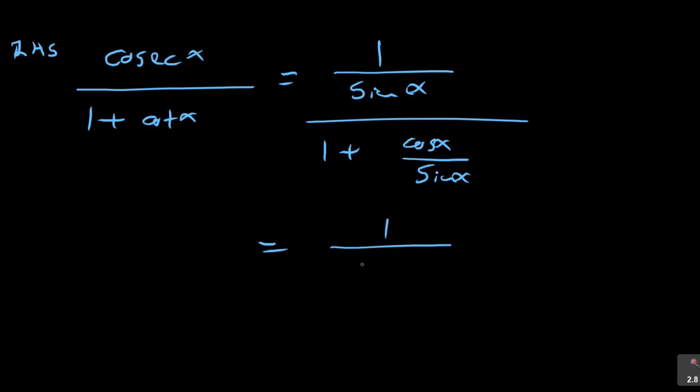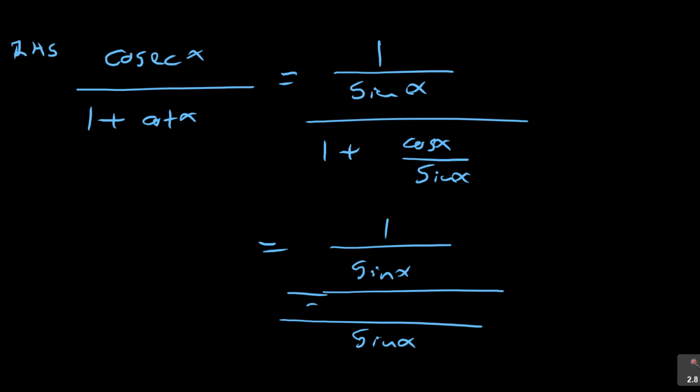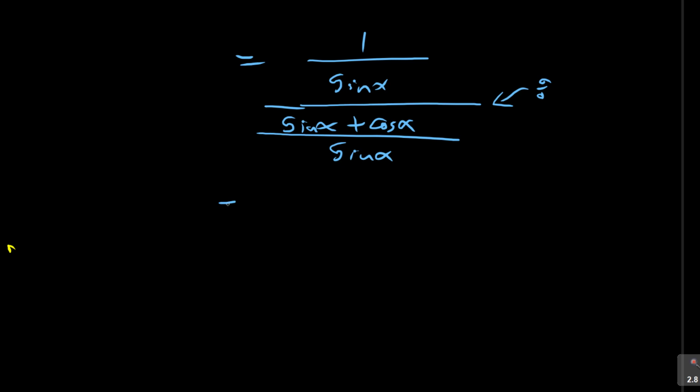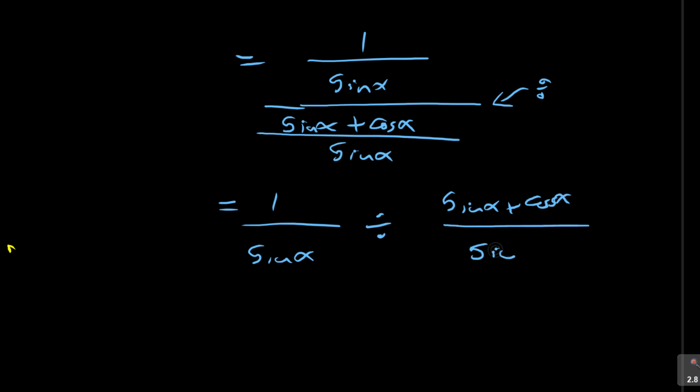This will be equal to 1 over sine alpha all over, now the common denominator is sine alpha, and then you will have here 1 into sine alpha, it's sine alpha times 1, plus cos alpha. Then you convert that into a division sign, so that it can be equal to 1 over sine alpha divided by sine alpha plus cos alpha over sine alpha.